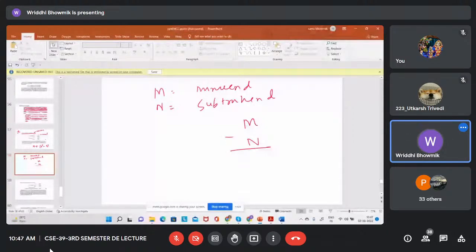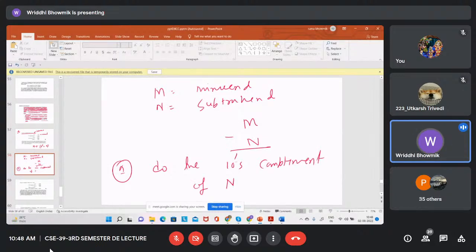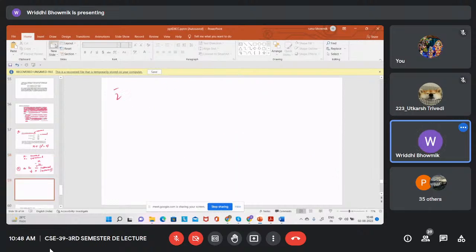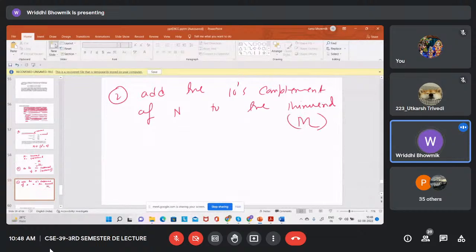So by principle, how could I perform the subtraction operation using tens complement? So the first step, do the tens complement of capital N, which is your subtrahend. Then add the tens complement of capital N to the minuend, which is capital M over here.